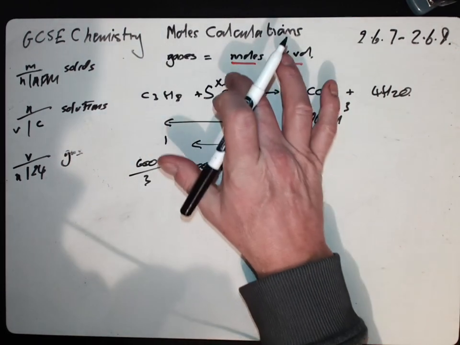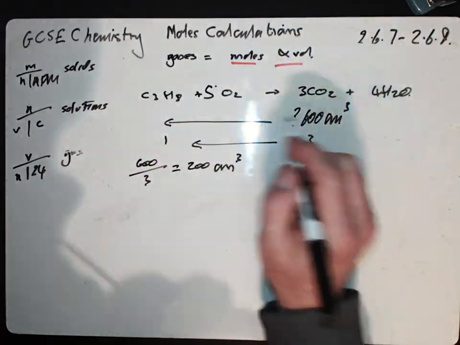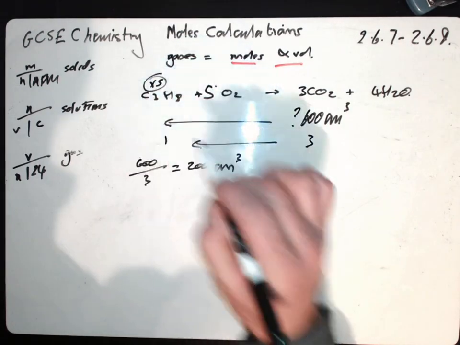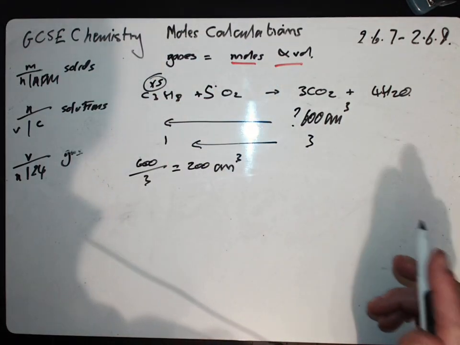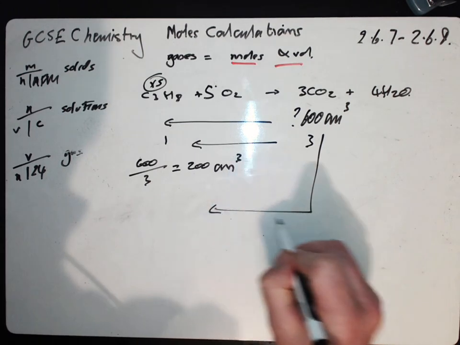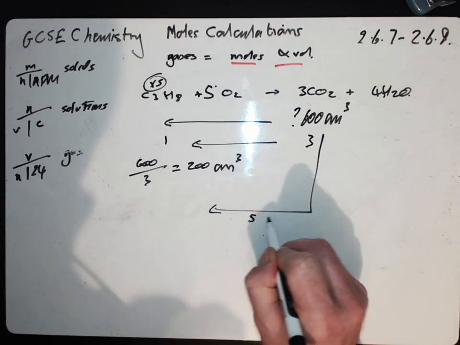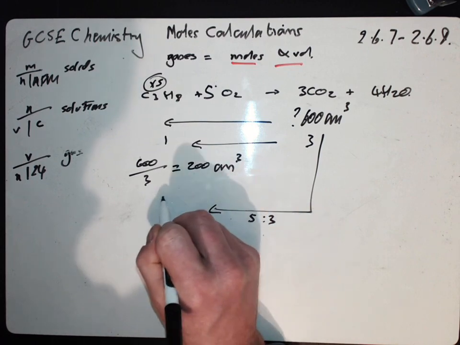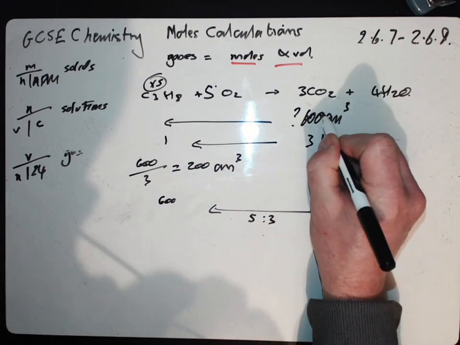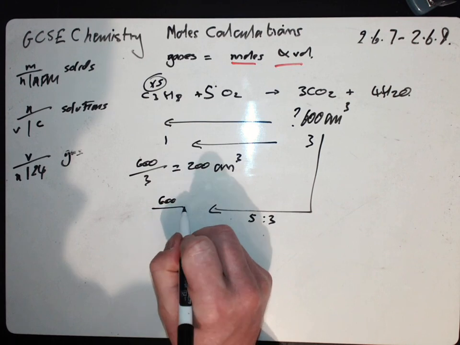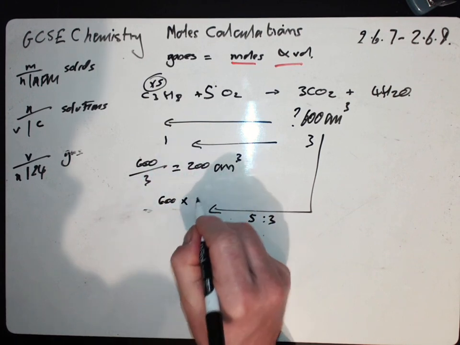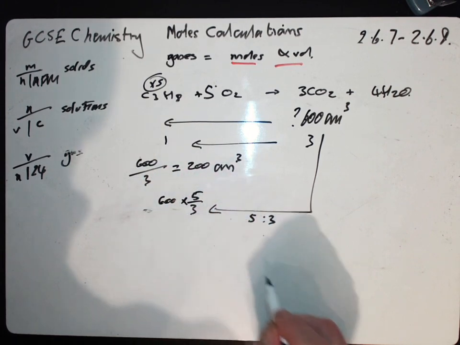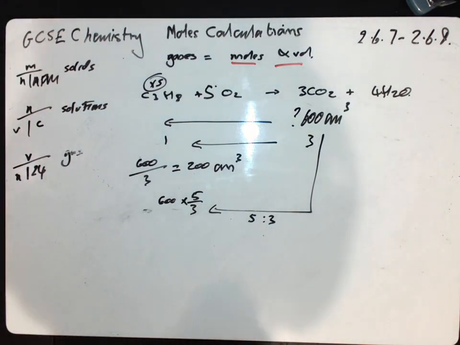If they asked for the same, let's say they asked for how much oxygen would you need, with the propane this time being in excess, okay, my ratio this time is 3 up to 5. So I'm taking my 600 cubic centimeters of carbon dioxide and dividing it by 3 and multiplying it by 5.